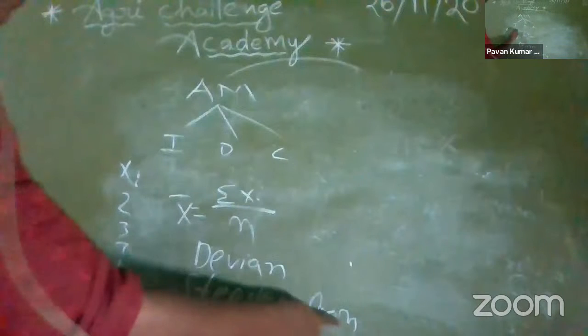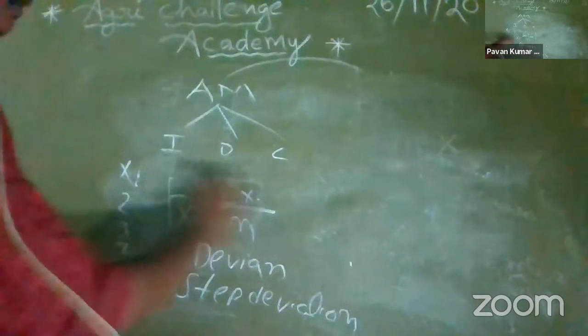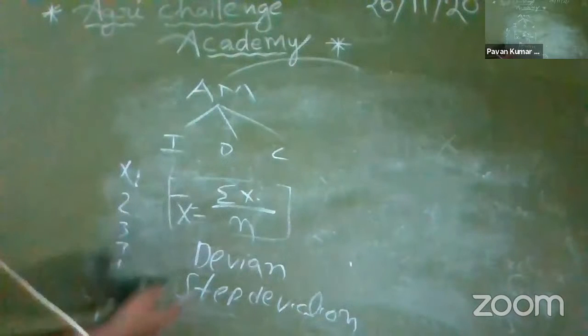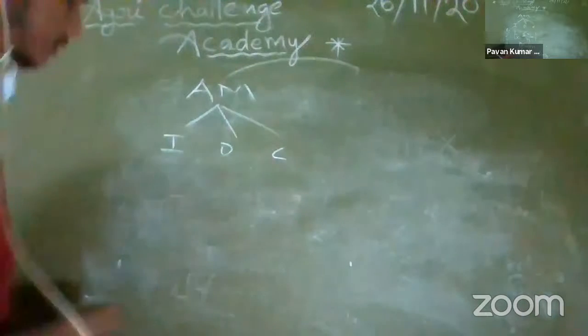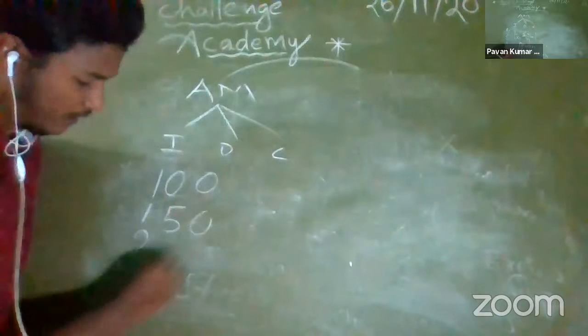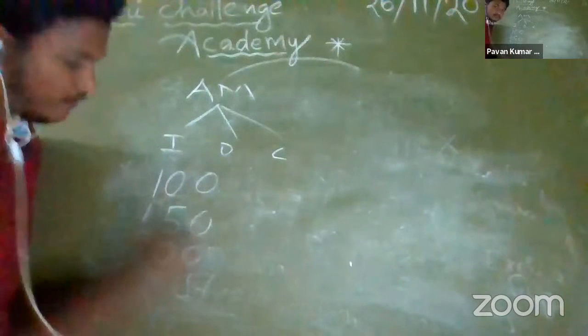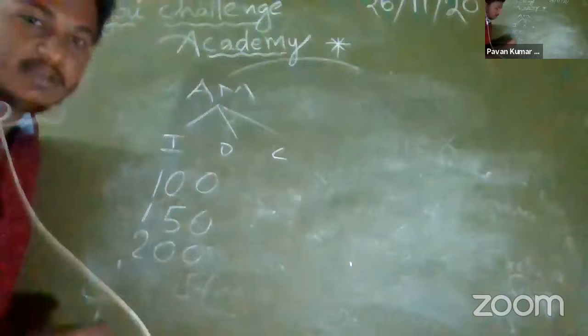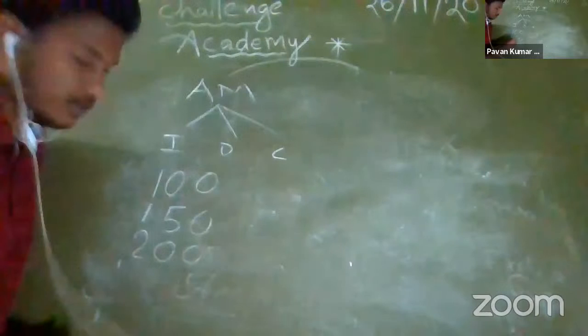This is the basic formula, and we use two different formulas to calculate the mean. These deviation and step deviation formulas are useful when our data has very big values like 100, 150, 200. In order to calculate the mean, we need to make the calculation much simpler.